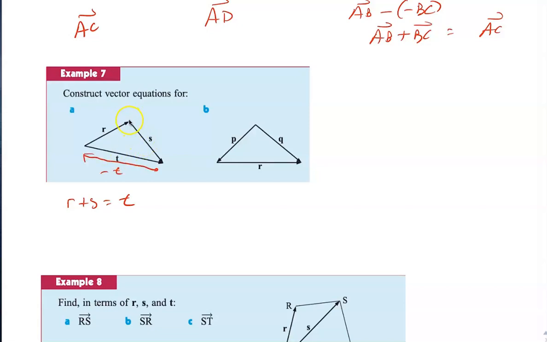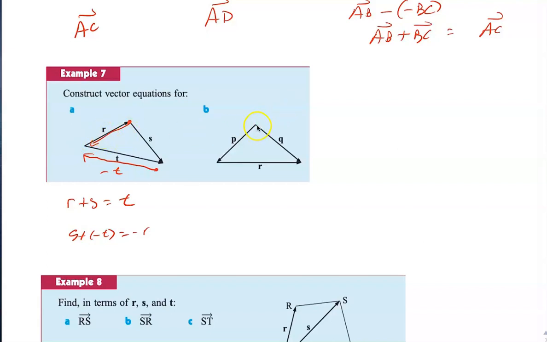If I start at S, S plus negative T would give me negative R. Start here, go from here to there, so it's the opposite of R.